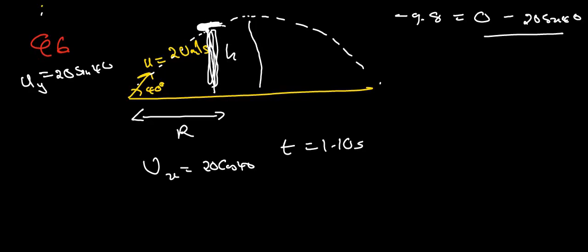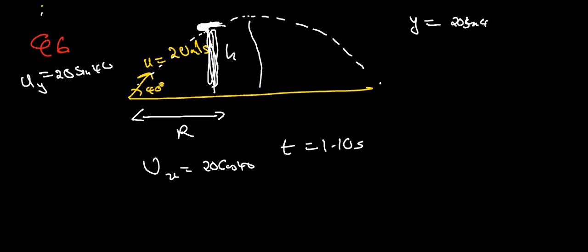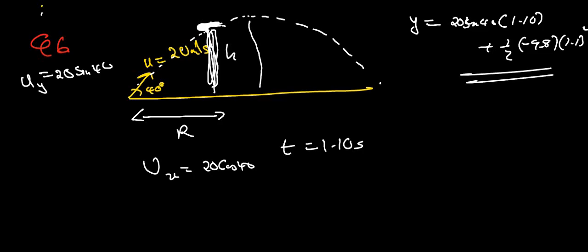Sorry, the time is given, so we're not even looking for it. We go straight to the vertical component. The y is just the initial 20 sine 40 multiplied by 1.1, plus half, we're going up so g is negative 9.8, times 1.1 squared. This gives you the y component of the displacement.